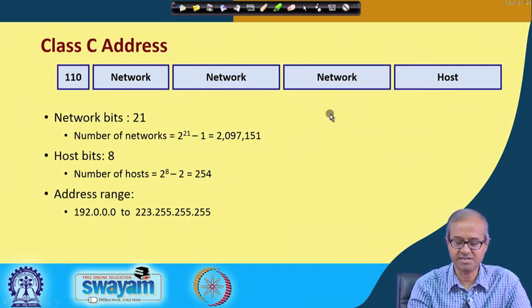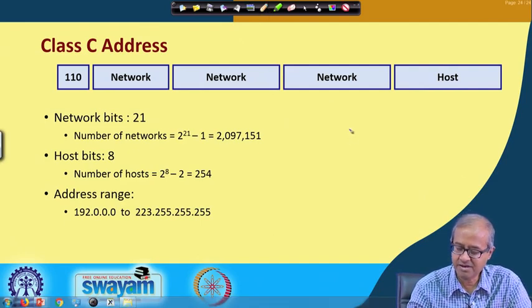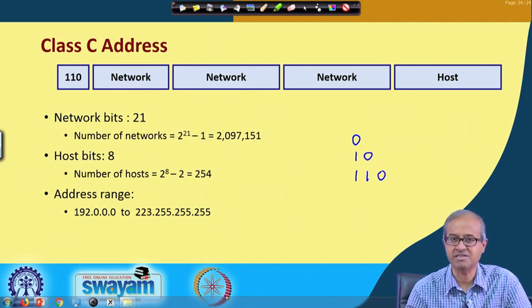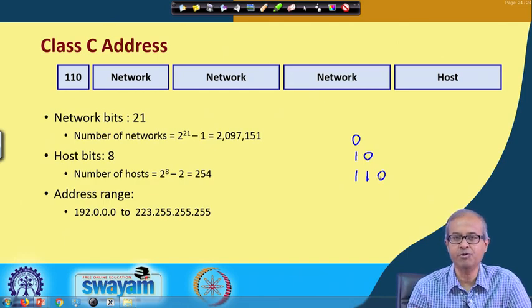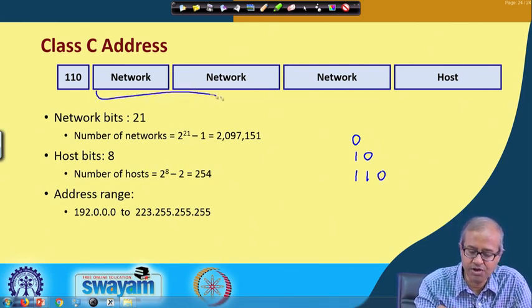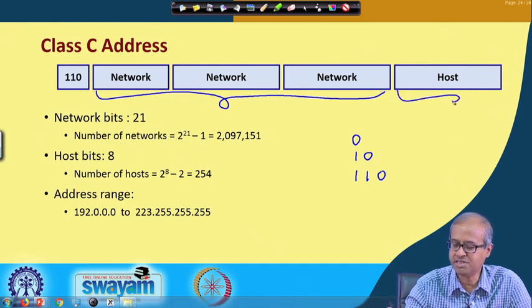Similarly, let us look at class C. For class C, anything starting with 0 is class A, starting with 10 is class B, starting with 110 is class C. So you see there is uniqueness just by looking at the first few bits, you will be able to identify which address class it is. In class C there are 21 bits for the network and only 8 bits for the host.